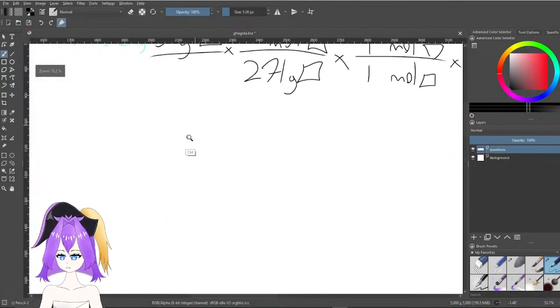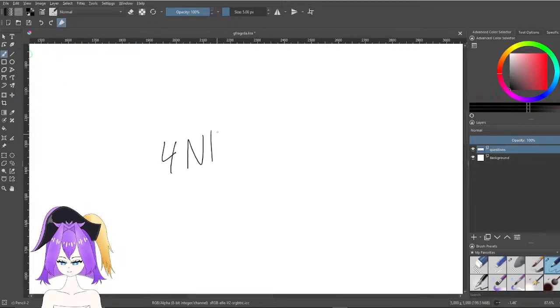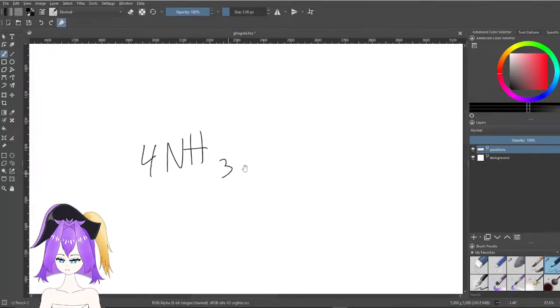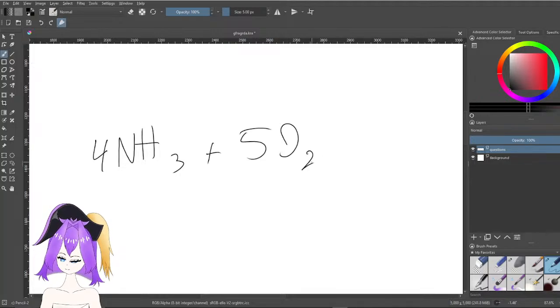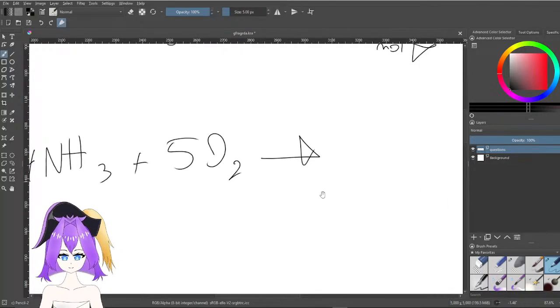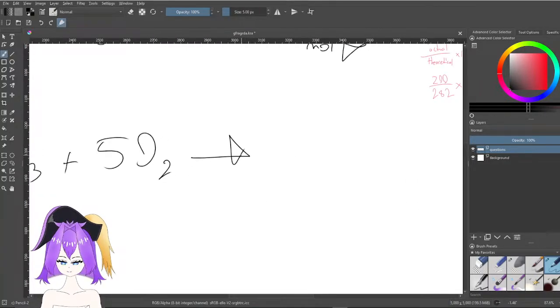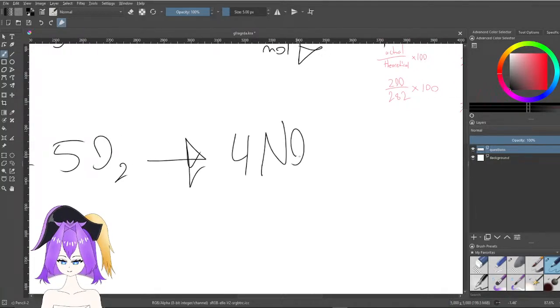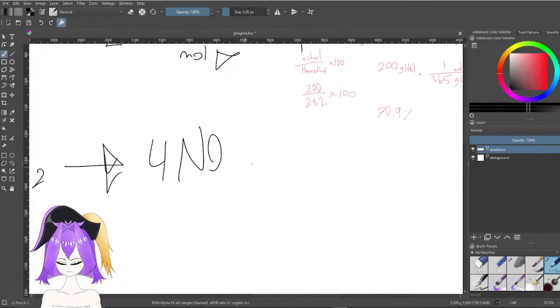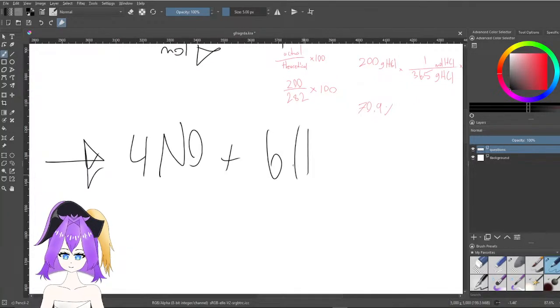So, we have 4NH3 plus 5O2 goes to 4NO plus 6H2O. It's nice because this is already balanced.